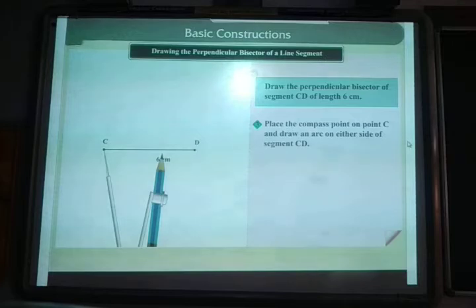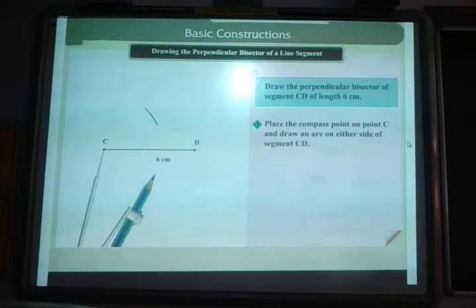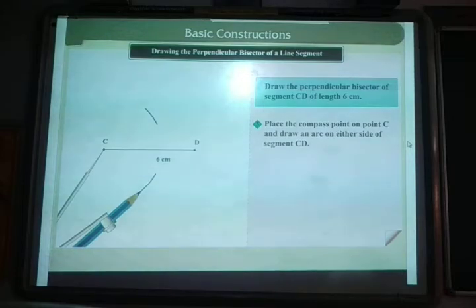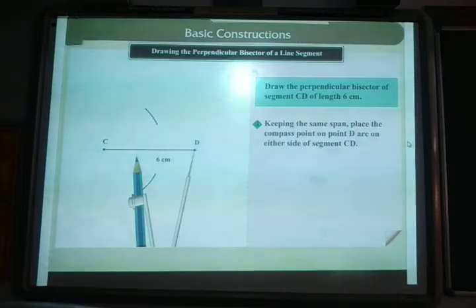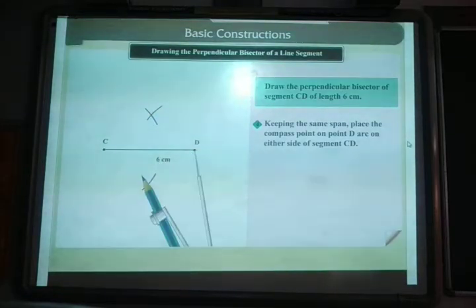Place the compass point on point C and draw an arc on either side of segment CD. Keeping the same span, place the compass point on point D and draw an arc on either side of segment CD to intersect the previous arcs.